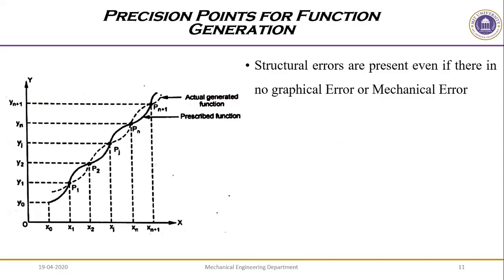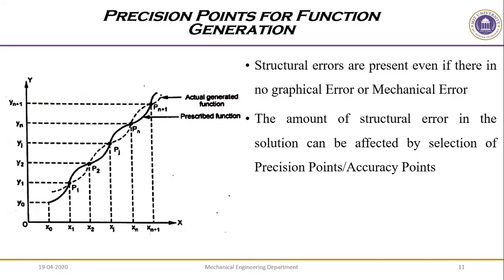The structural error is present even if there is no graphical error or mechanical error. The amount of structural error in the solution can be affected by the selection of precision points. Right now, I have explained that in order to minimize the structural error in between the specified range, we have to select the maximum precision points, 2 points, 3 points, 4 points, in order to reduce the error.